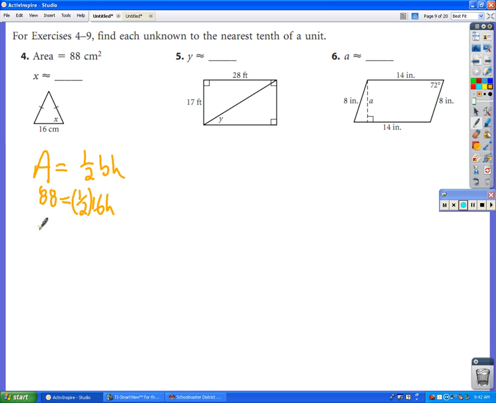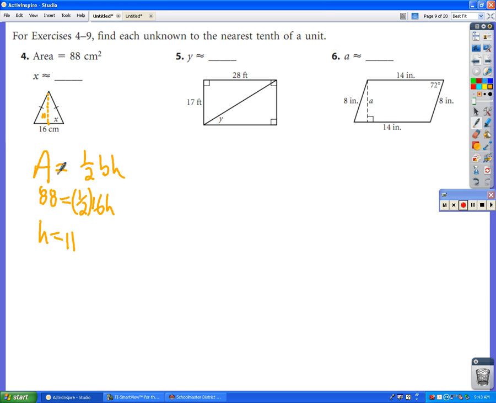And so that lets me figure out what the height is. What's half of 16? 8. What's 88 divided by 8? 11. So the height of this little guy is 11. I just took the area formula for the triangle, plugged in the things that I knew and solved for the height, okay?